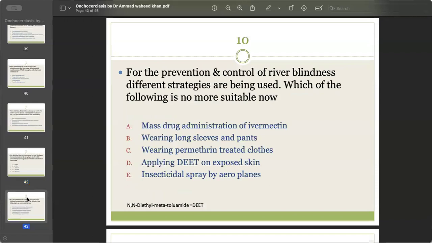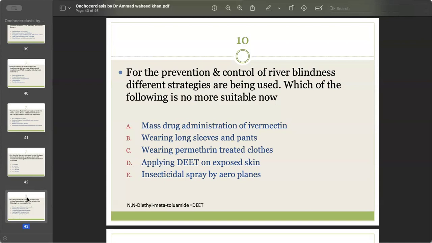MCQ number 10: For the prevention and control of river blindness, different strategies are being used. Which of the following is no more suitable now? Option A, mass drug administration of ivermectin. Option B, wearing long sleeves and pants.